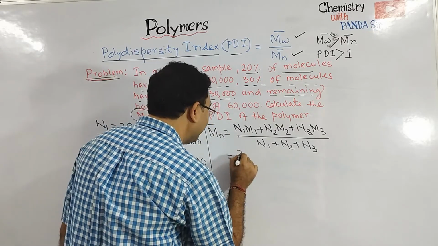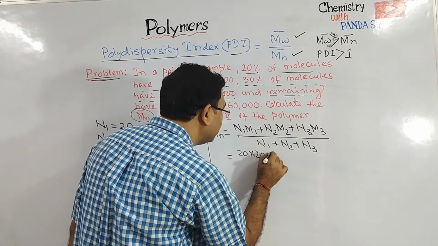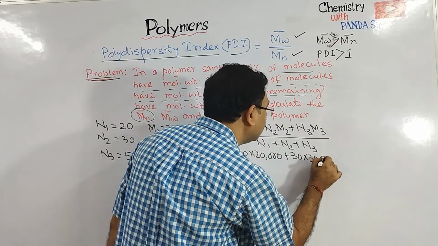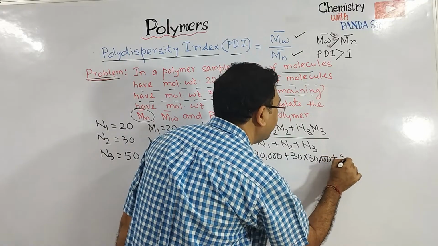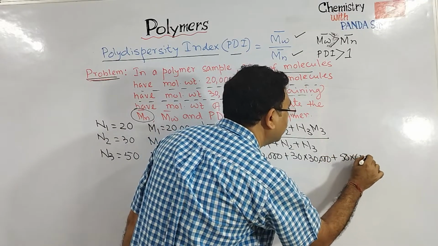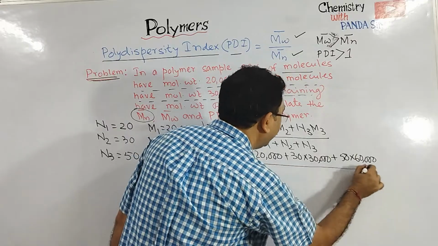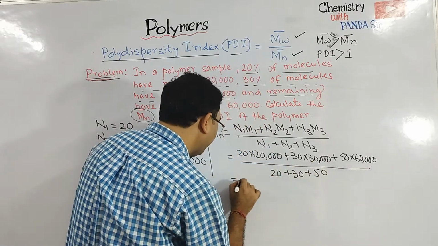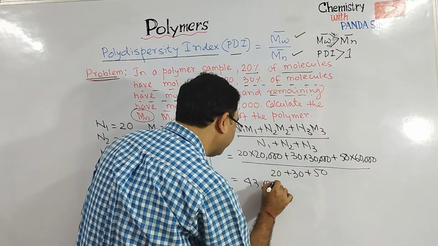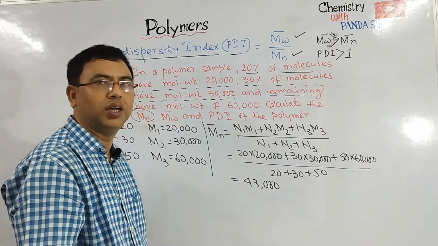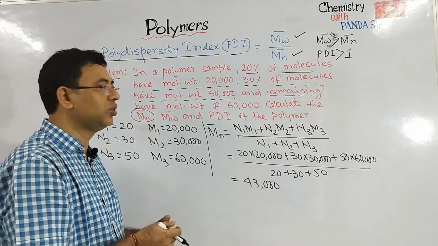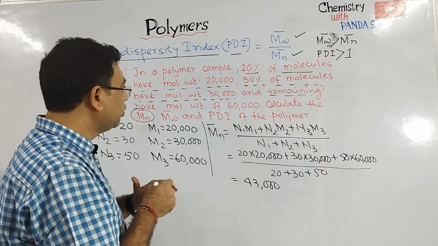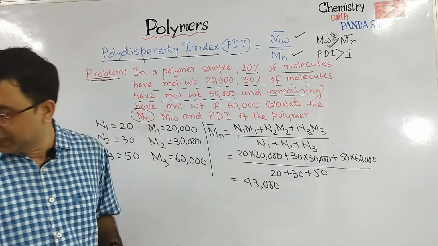Value of N1 is 20 into 20,000 plus 30 into 30,000 plus 50 into 60,000 divided by 20 plus 30 plus 50, and if I am not wrong, this value will come 43,000. Correct me if I'm wrong, you can cross check with your calculator. So 43,000. Now this is the number average. So this is the first answer that we got.